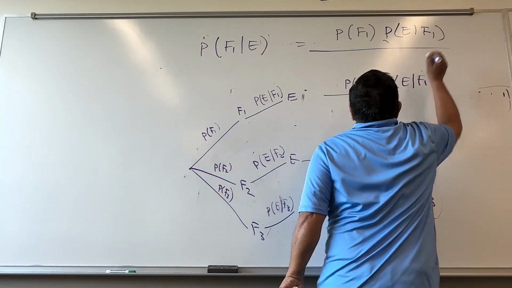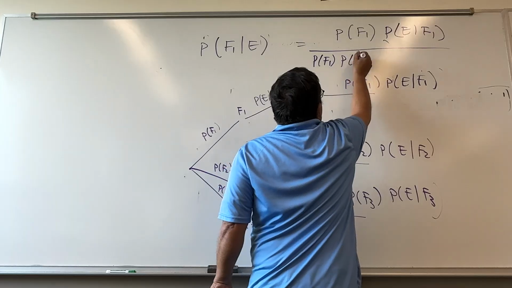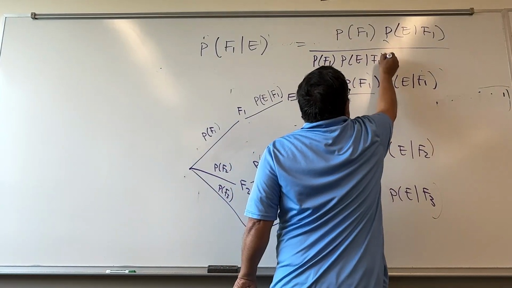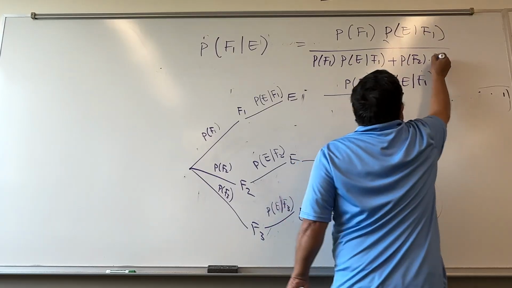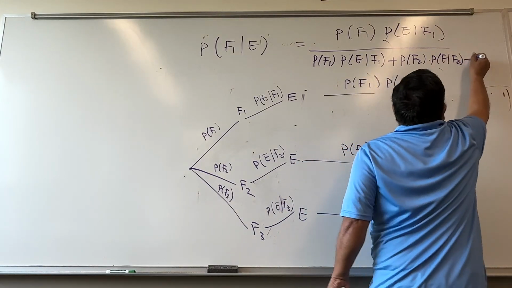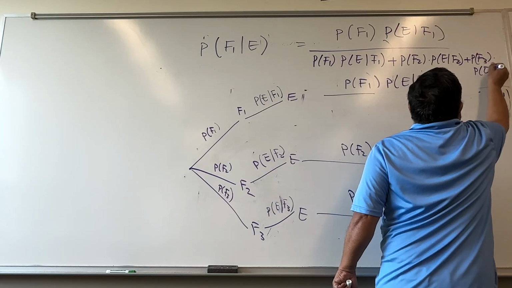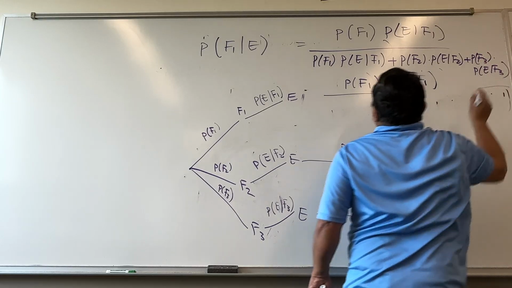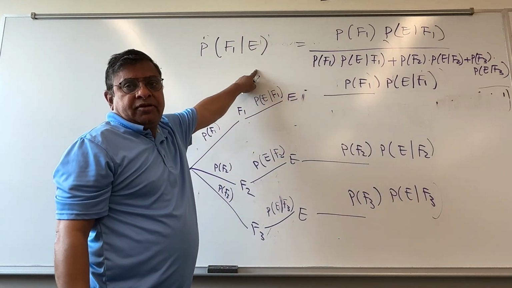So the answer is that divided by P of F1, P of E given F1 plus P of F2 times P of E given F2, and the third one, P of F3 times P of E given F3. That is the probability of F1 given E.